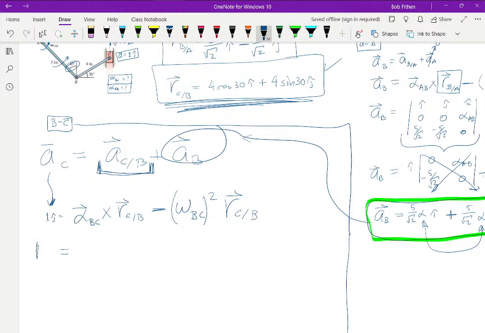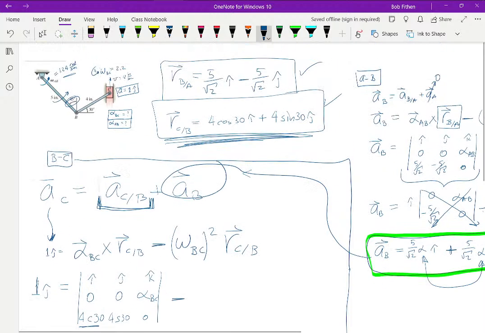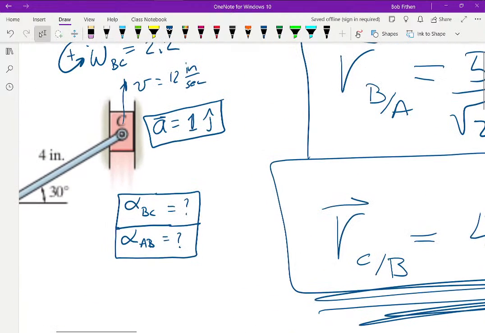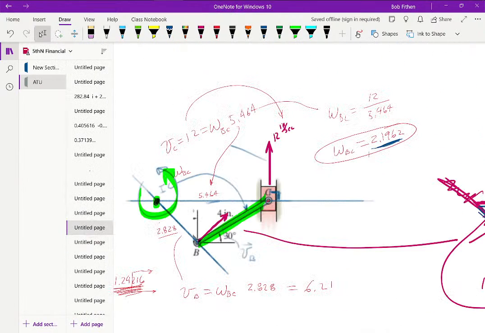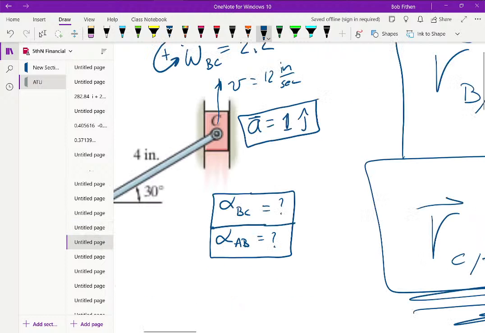So I can continue, instead of writing, this is my shorthand for cosine 30, sine 30, 0 minus, from the previous problem we got about this value, so I'm just moving it up to 2.2.